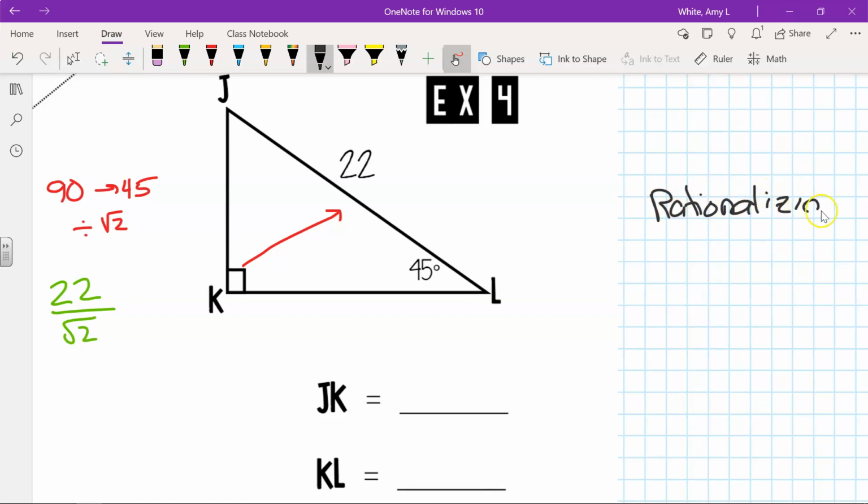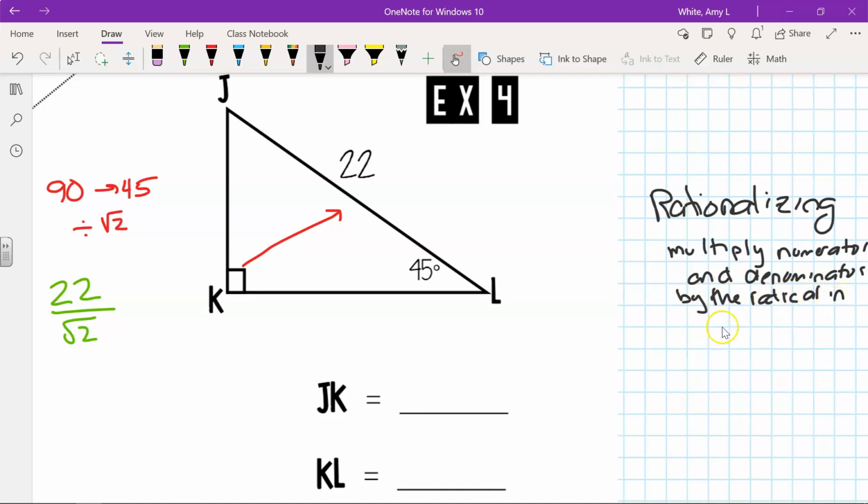rationalizing. To rationalize, you multiply the numerator and denominator by the radical in the denominator. I will make a caveat. This strategy only works when the denominator is a single radical. You will learn more in Algebra 2 about how to deal with denominators that have multiple terms in them where one of them is a radical.